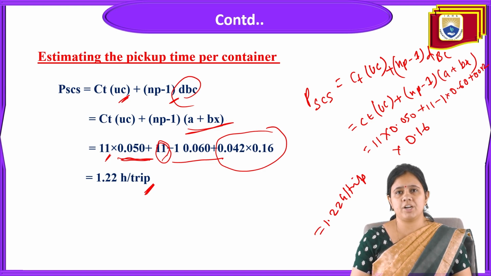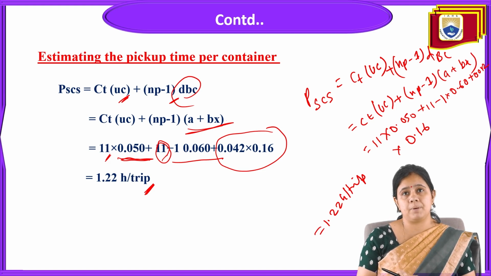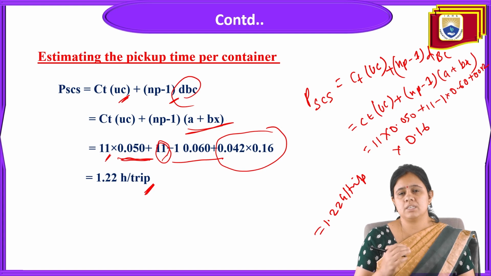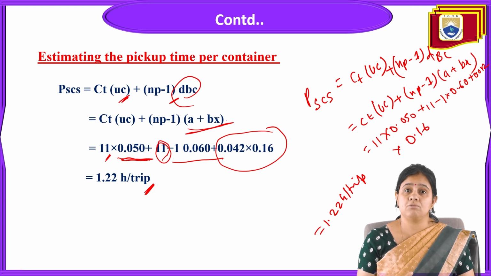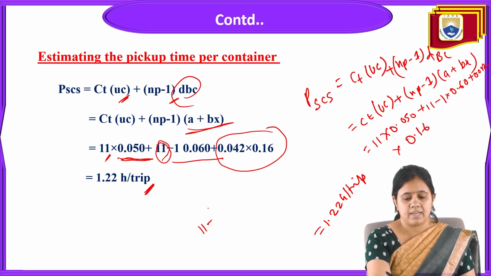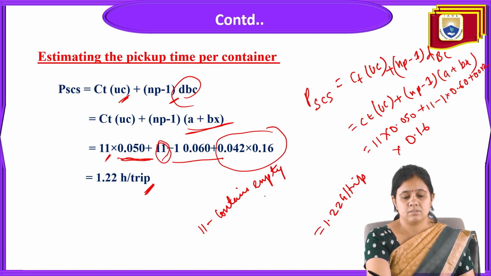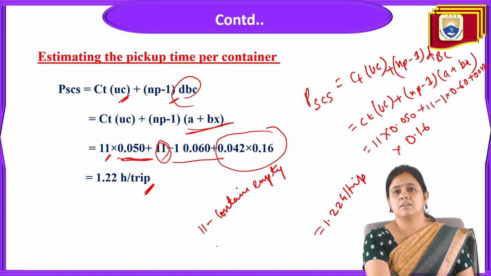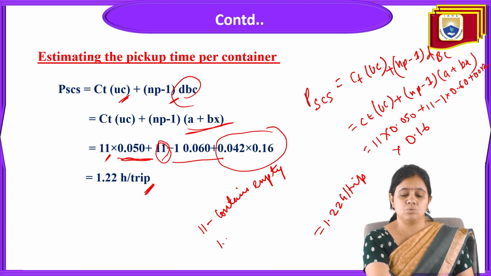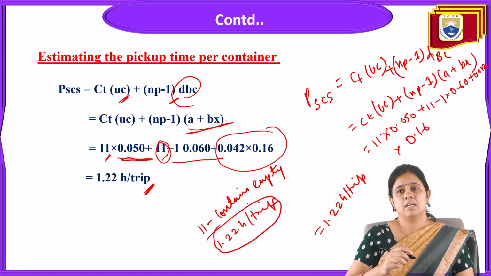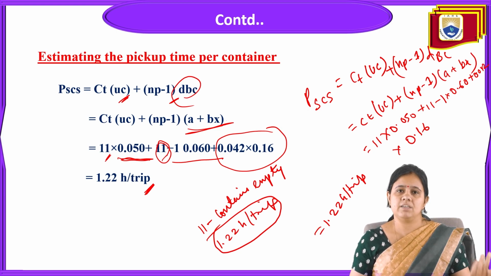This is the total time spent emptying containers in a trip. To empty 11 containers, the time required is 1 hour 22 minutes in a single trip.